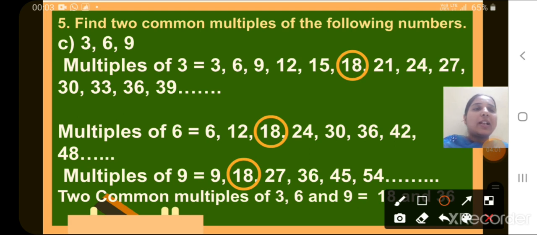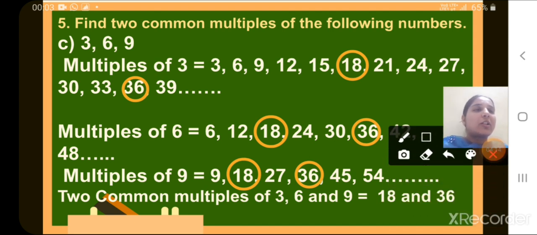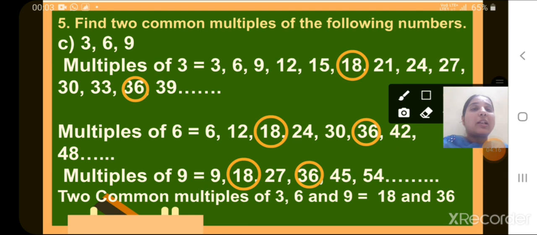Then can you find the next common multiple? Yes, number 36. You can find it in all the three numbers. Okay? So what are the first two common multiples of 3, 6 and 9? They are 18 and 36.